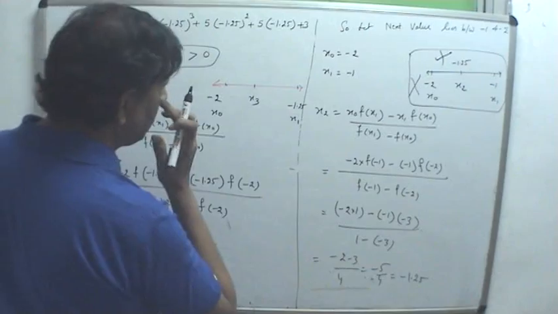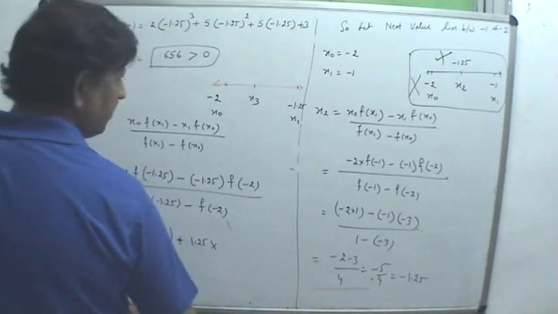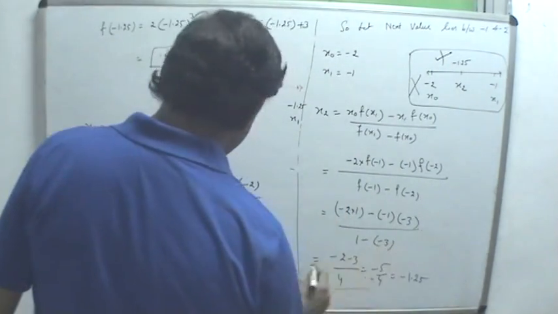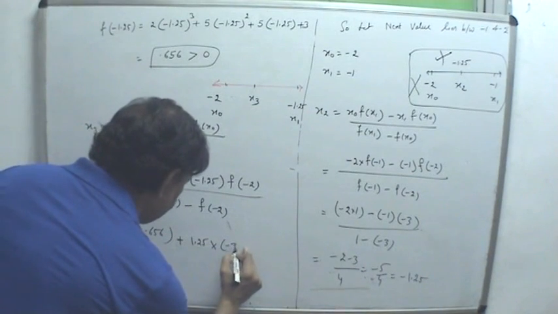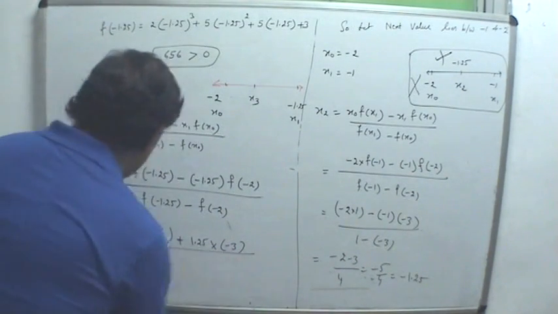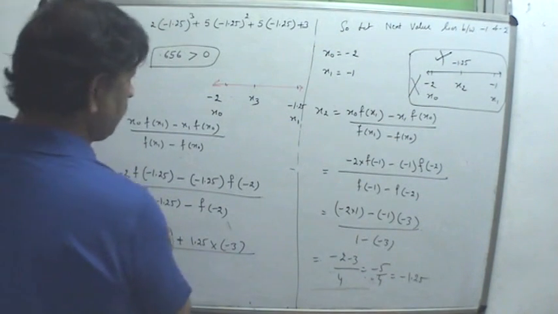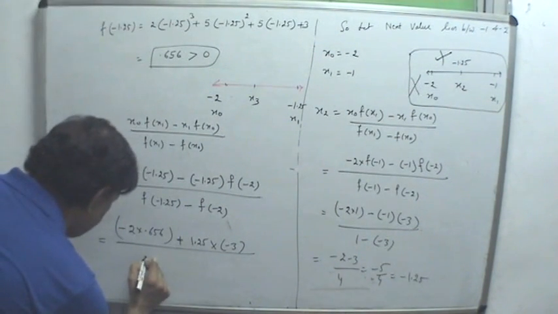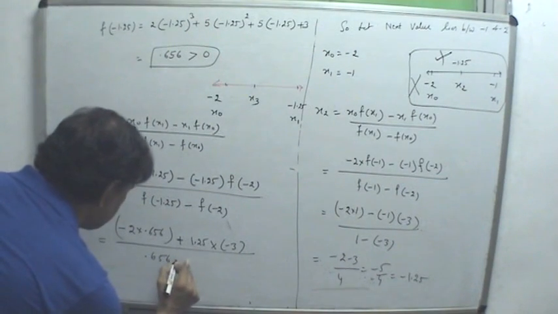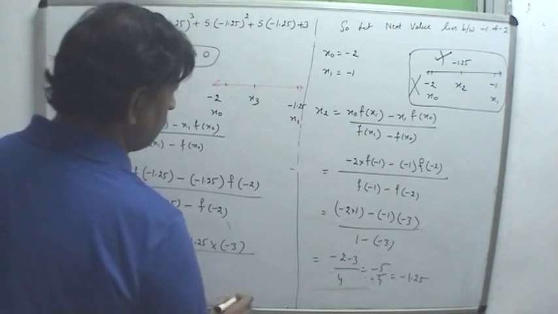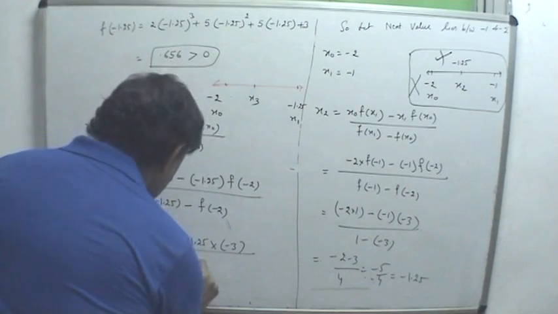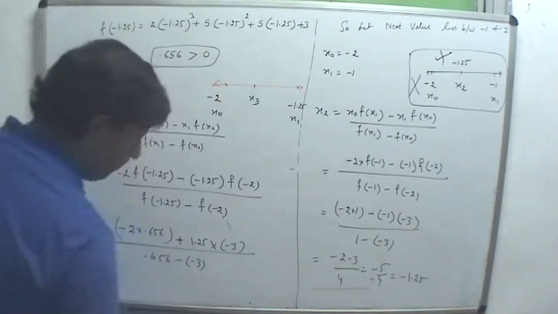F of minus 2 that we have in the previous problem, that is equal to minus 3. In the previous step it was minus 3. Then f of minus 1.25 is 0.656, minus f of minus 2, that is again equal to minus 3.